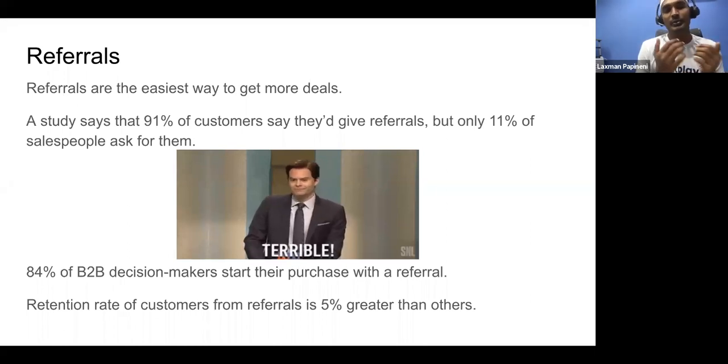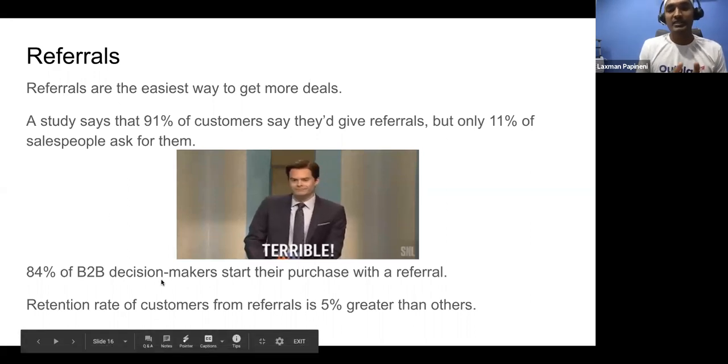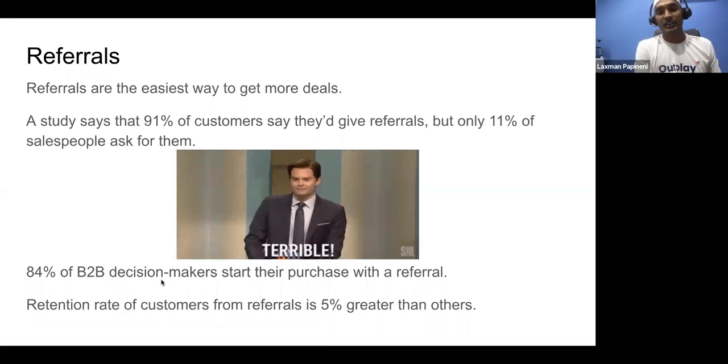So people are ready to give you referrals and testimonials and endorsements, but you're not asking them. And 84% of B2B decision making starts with a referral. A VP sales in a company trusts a VP sales next door or his LinkedIn connection more than your cold mail to buy a product or service, right?